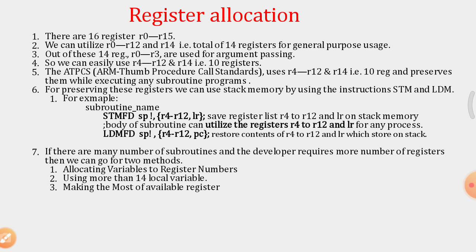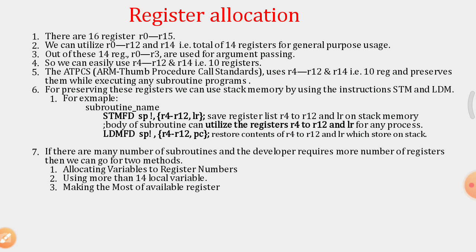So here we restore the contents of R4 to R12 and LR into the PC register, so that the processor returns from this subroutine program to the main program. So these registers, already stored on the stack memory, are restored back.